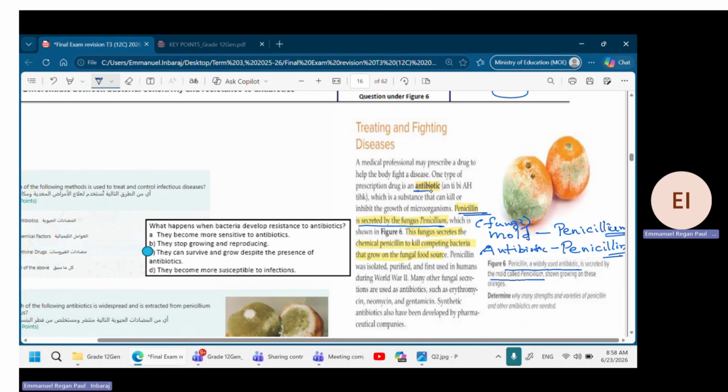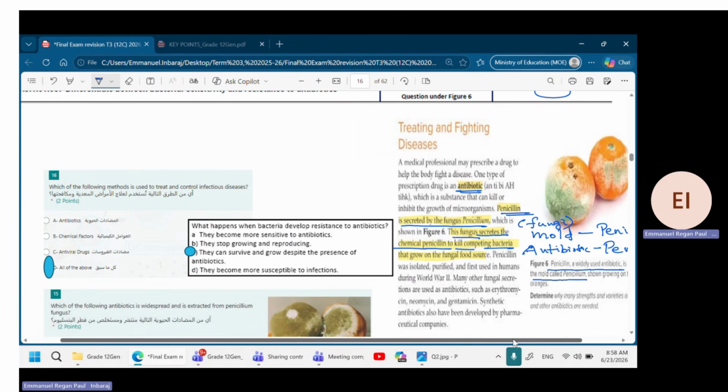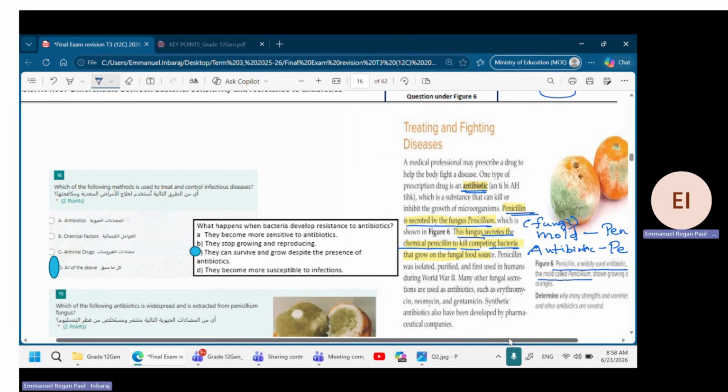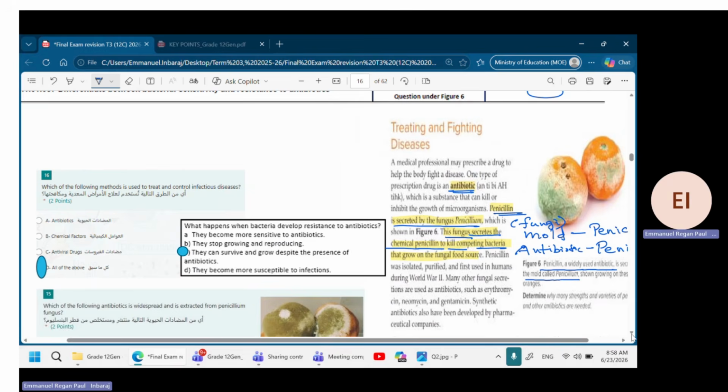So penicillin is an antibiotic. Don't forget. Antibiotic is penicillin. Fungi is penicillium. So this fungus, penicillium, secretes a chemical penicillin to kill bacteria. This is something that you need to concentrate more on. Let's do one question here.